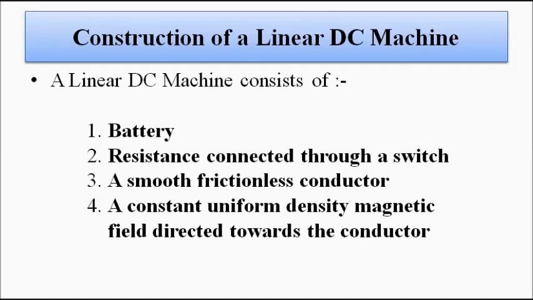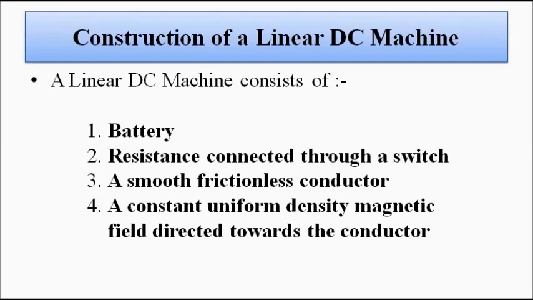Okay, so the basic arrangement of a linear DC machine consists of a battery which is connected to a resistance through a switch, and a smooth frictionless conductor which is free to rotate. This conductor is placed in a constant uniform magnetic field.